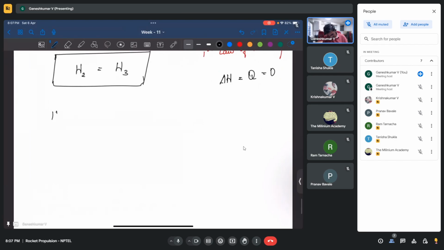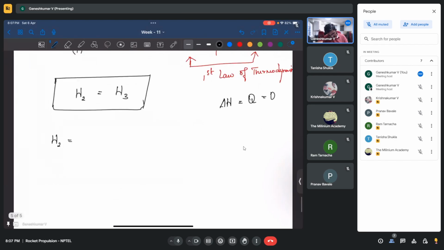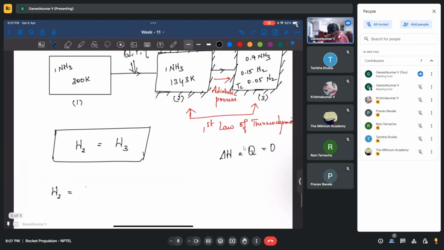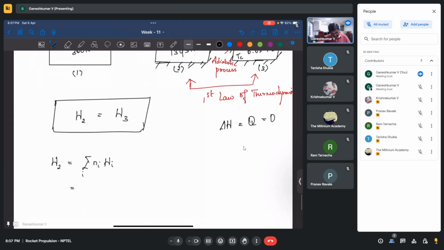So how do we write enthalpy at state 2? It's going to be the summation of n_i, the moles of species i, times the total enthalpy of i. At state 2 you will have only NH3, right?